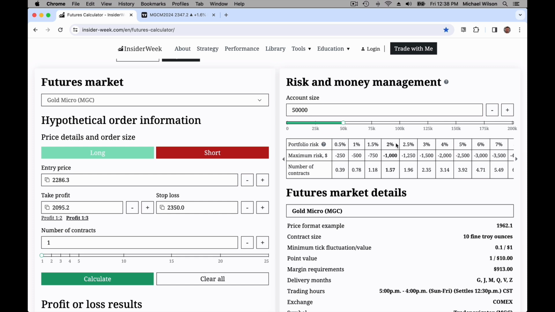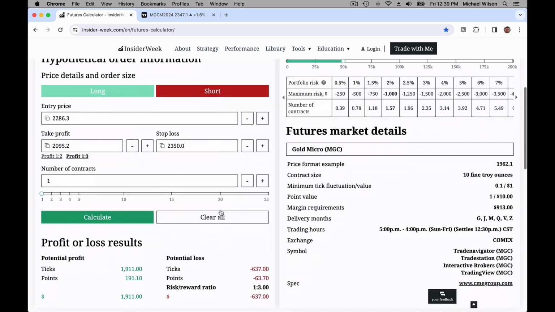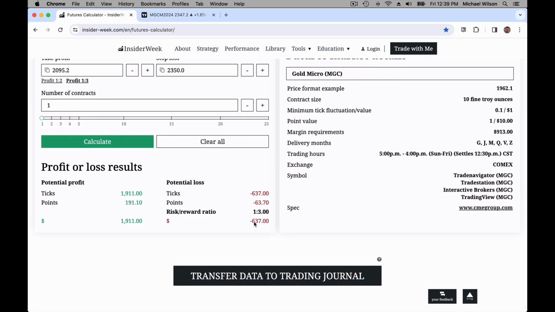Typically with Insider Week, we like to keep our risk at about 2% or less per trade, per position that we're going to take. So in this case, really all I can do with this account size is buy one contract based on this risk of $637.